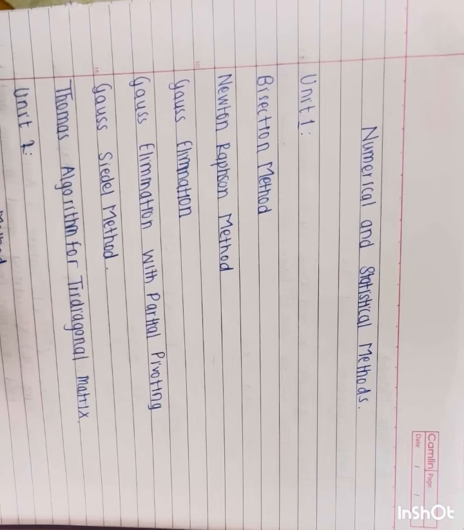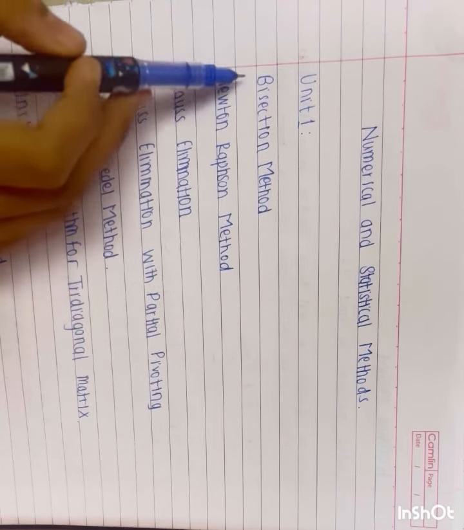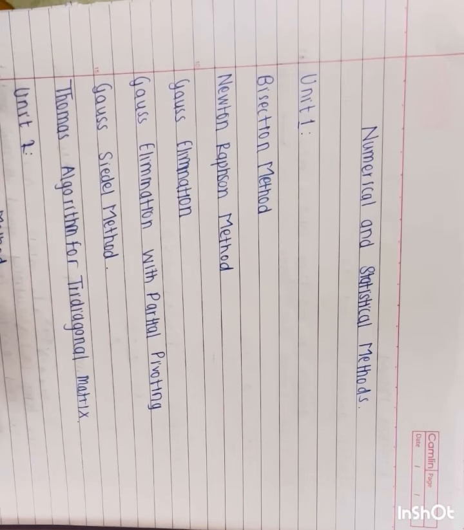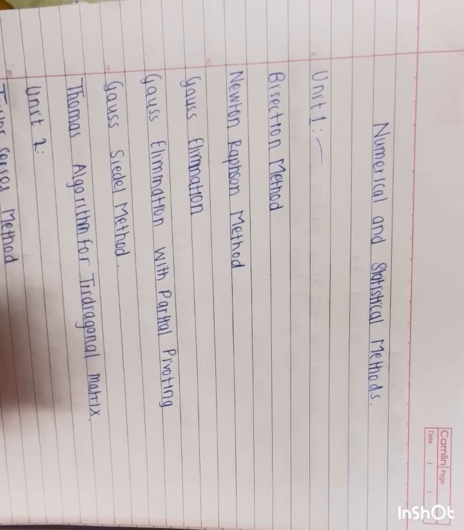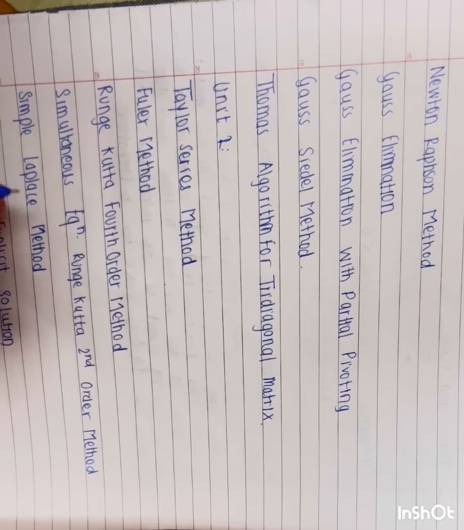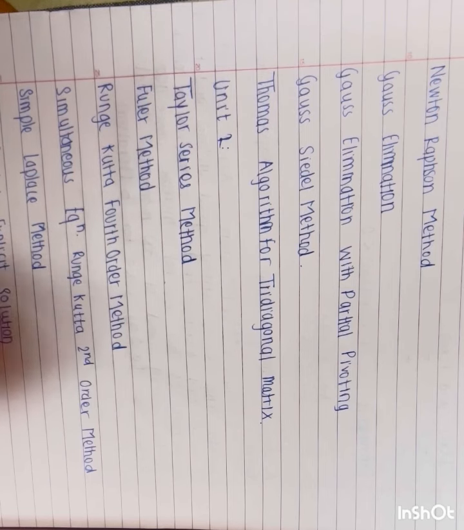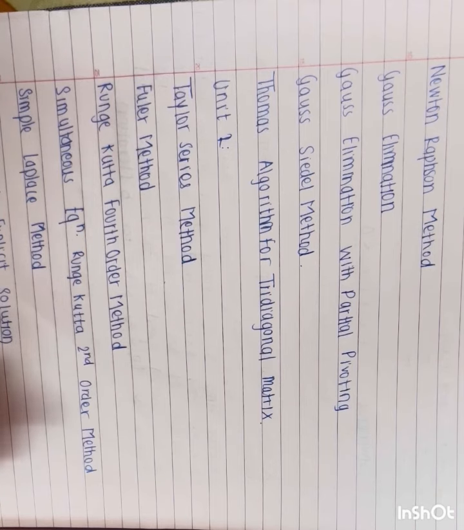This is the video I am uploading before the NSM exam, numerical and statistical methods. In this video we will be seeing a quick review of bisection method, Newton-Raphson method, Gauss elimination with partial pivoting, Gauss-Seidel method, Thomas algorithm for tridiagonal matrix from unit 1, and Taylor series method, Euler method, Runge-Kutta fourth order method, simultaneous equation for Runge-Kutta second order method, simple Laplace method, and parabolic explicit solution.